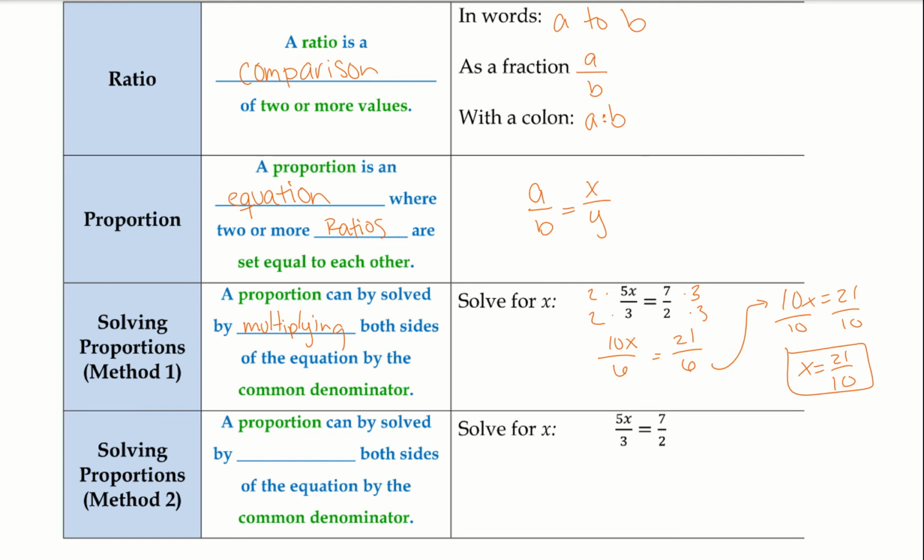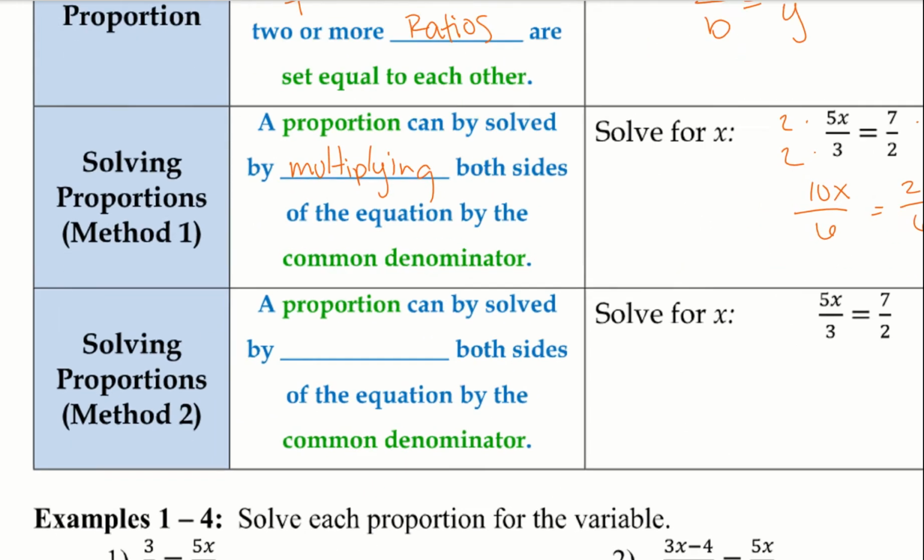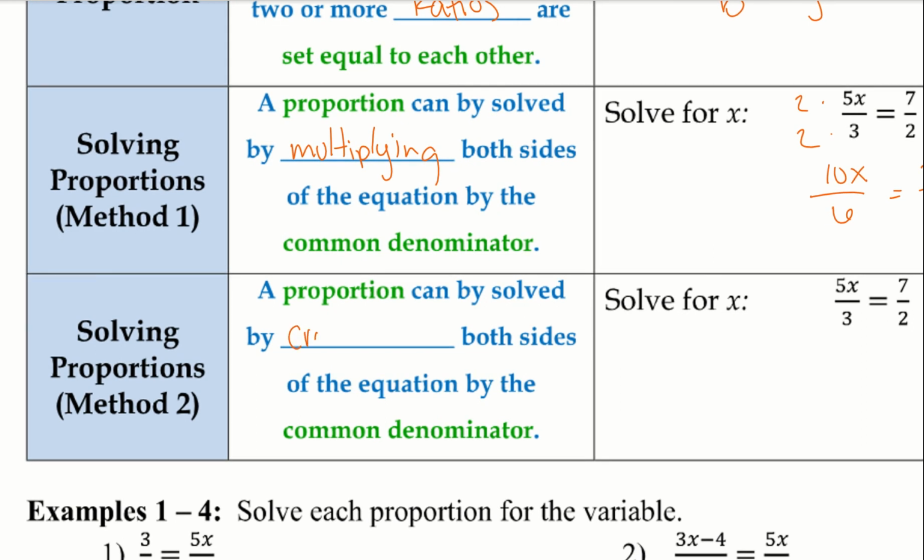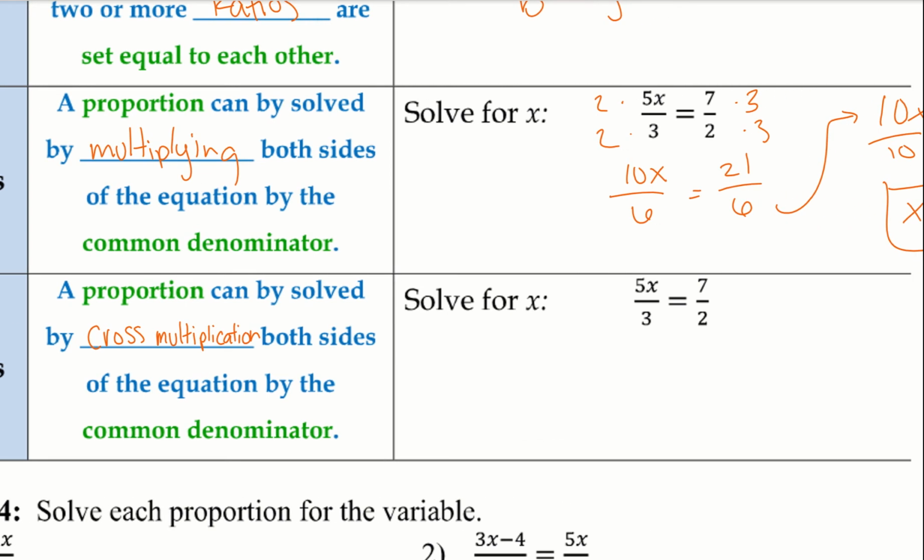All right, and then the other way that we can solve is using cross multiplication. So if we take here my numerator of my left fraction, multiply it with my denominator of my right fraction, so 2 times 5x, and then I want to do the same thing with the other side, so my 3 and my 7, and I set them equal to one another, I now have 10x equals 21.